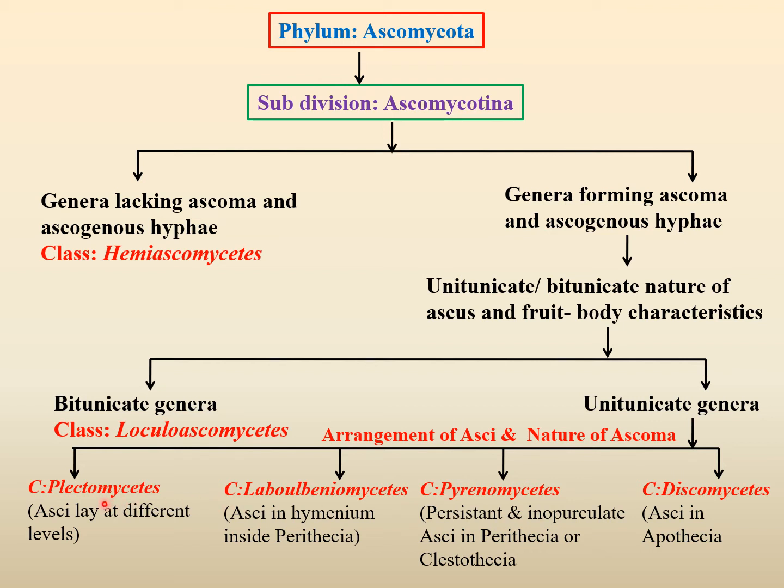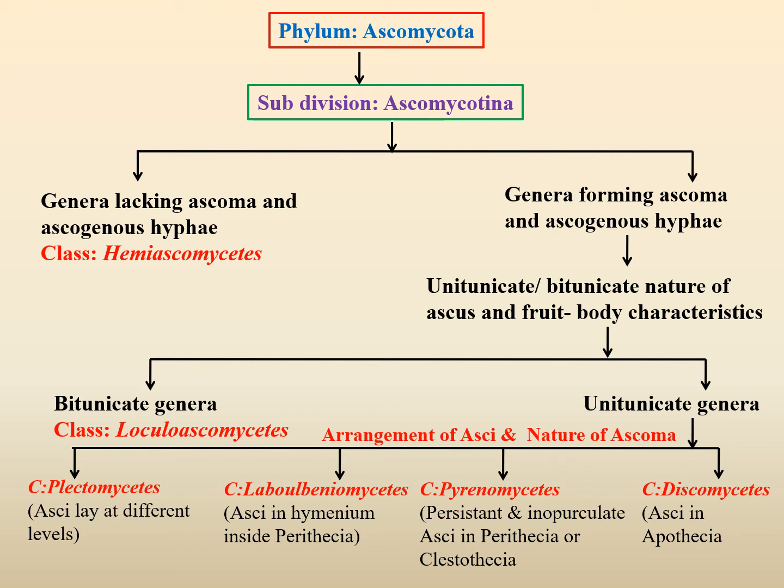One is Plectomycetes, that means asci lie at different levels, so obviously the fruiting body is a Cleistothecium. And Labalbiniomycetes, asci are arranged in a layer, that is Hymenium, it means Perithecium. And Pyrinomycetes, that means persistent inoperculate asci, either in Perithecea or Cleistothecea. And Discomycetes, where asci are present in Apothecea.